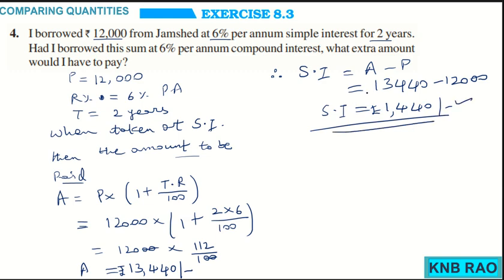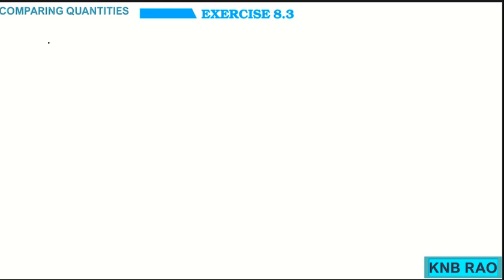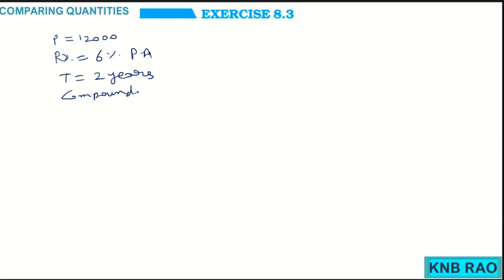Now, we will do the same calculations for compound interest. Here the principal is 12,000, the rate of interest is 6% per annum, the time is 2 years, compounded annually.